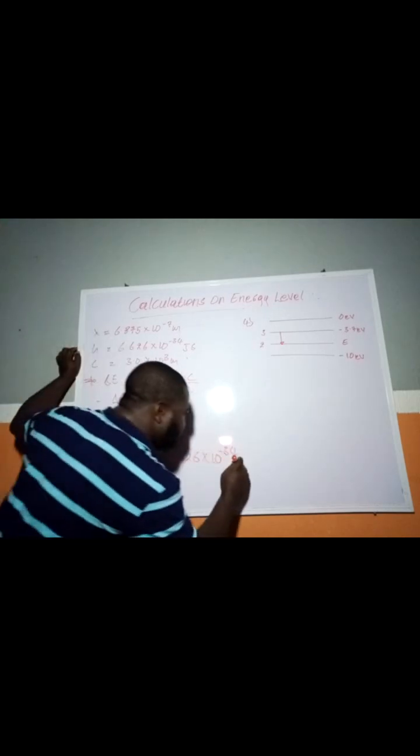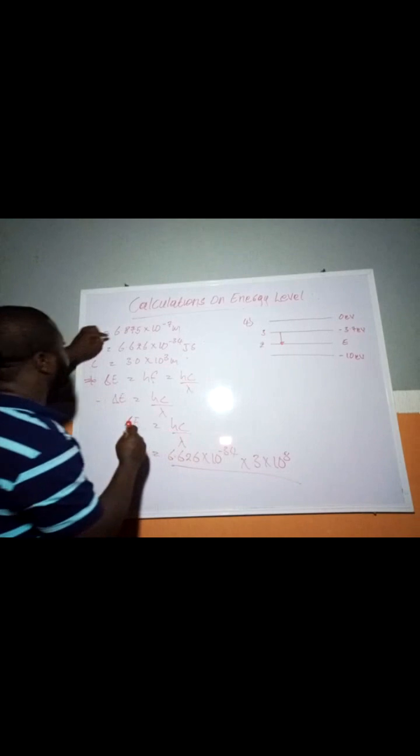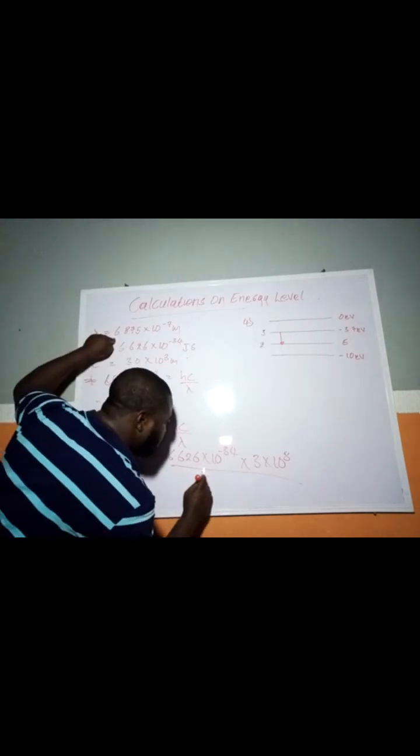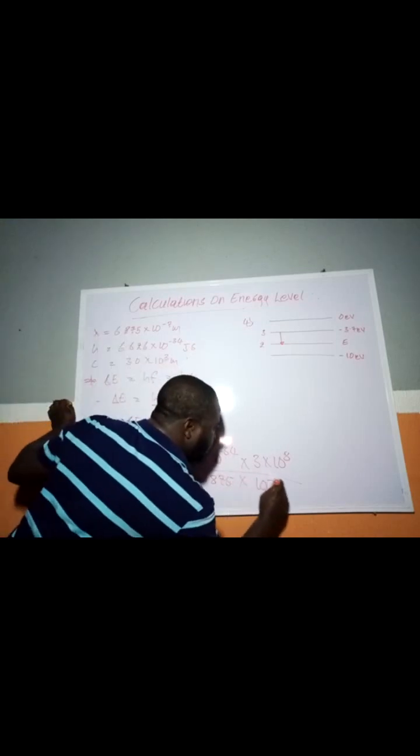Then speed of light will be 3 multiplied by 10 raised to power 8. Then the lambda is also given as 6.875 multiplied by 10 raised to power minus 7. Can you see that now?